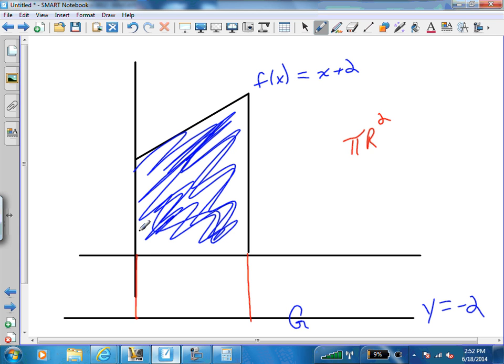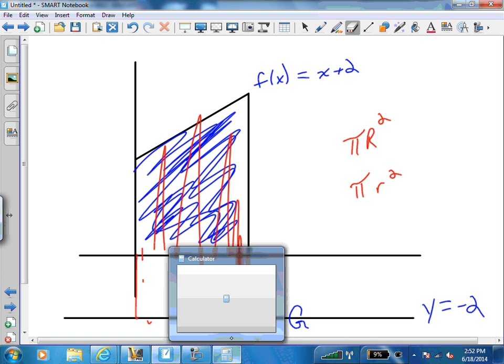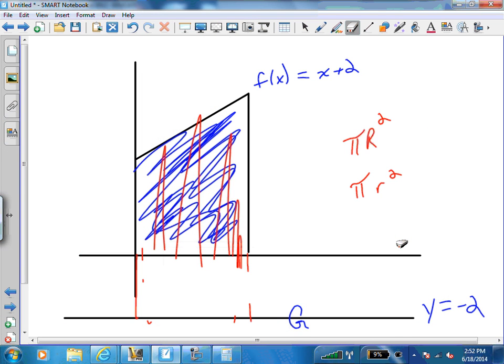So our big R is going to be this y value, which just comes from our function, minus this y value. And what is this y value down here? Well, this is the x-axis, so -2. So the top one minus the bottom one. So our outside radius is x plus 2 minus a negative, so plus 2.